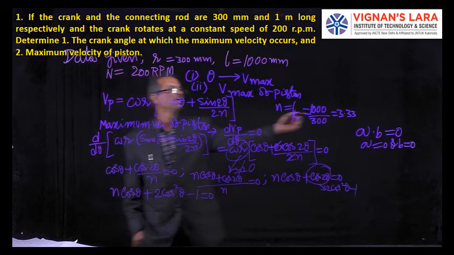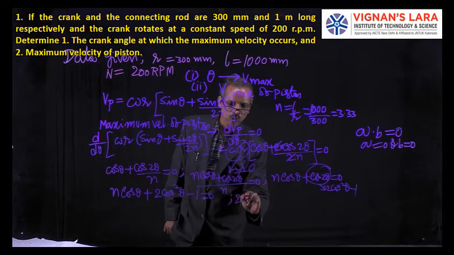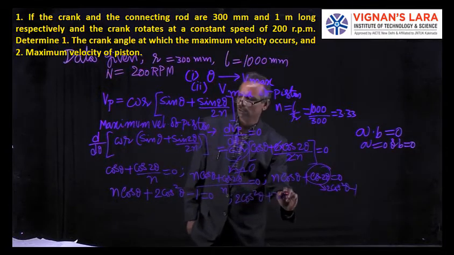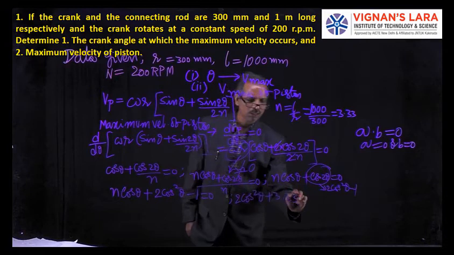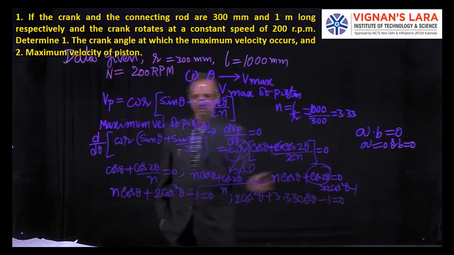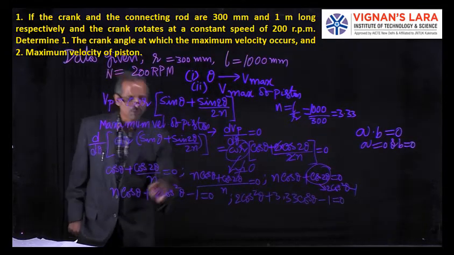What is n? 3.33. So I can write this as 2 cos square theta plus 3.33 cos theta minus 1 is 0. So let me write the roots for the equation.